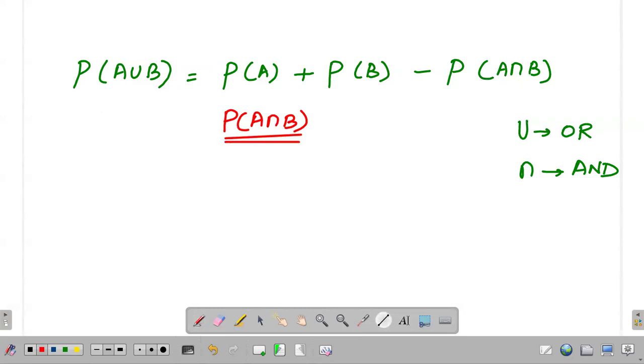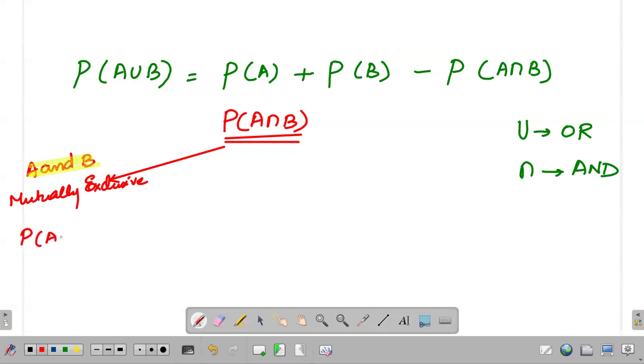If I consider that A and B are mutually exclusive, then P of A intersection B will be equal to 0.